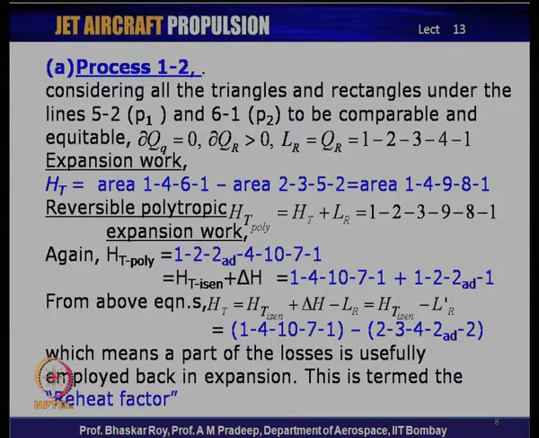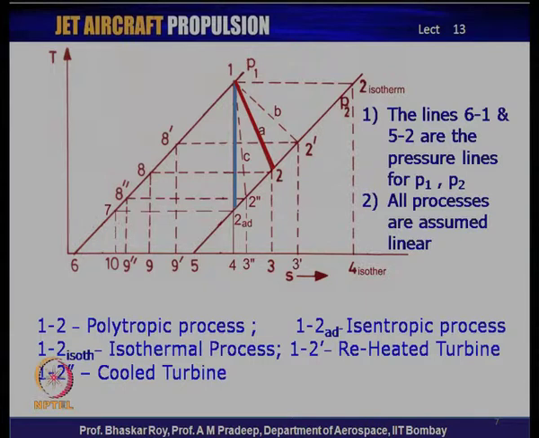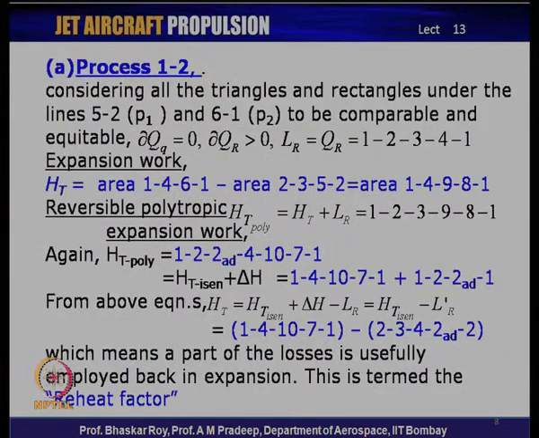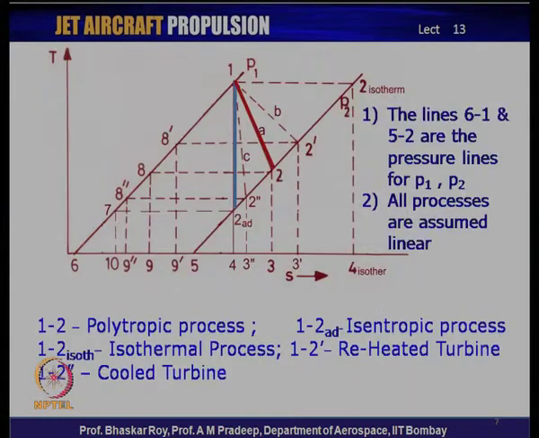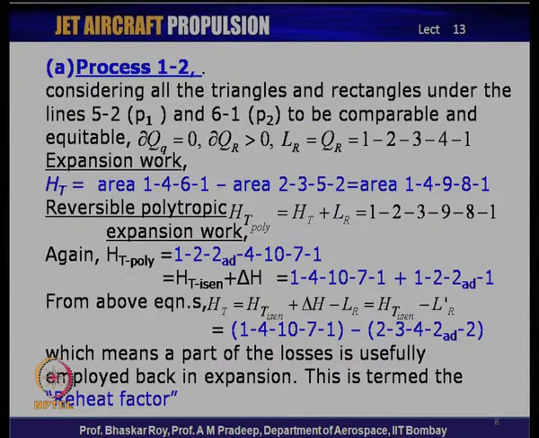Losses, of course, are not available for functioning of anything, and which would then be H T isentropic minus the losses, which we can now write down in terms of 1, 4, 10, 7, 1 that we have shown earlier, and then that minus 2, 3, 4, 2 adiabatic, 2. So, this is the rectangle which gets subtracted from the earlier rectangle, and that is your work done.